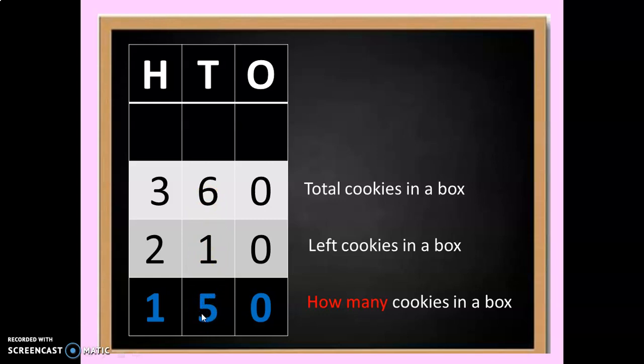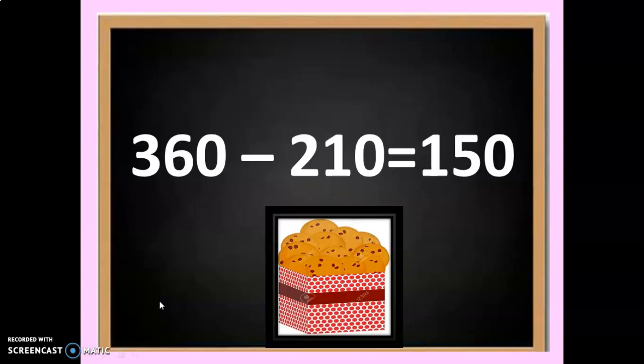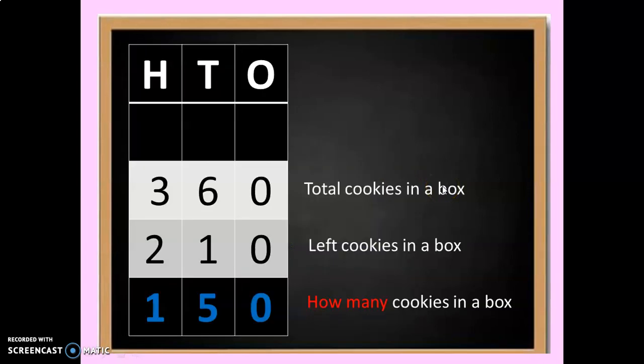We had already read how we have to subtract it. It is a simple question. You don't have to borrow. You don't have to do anything like that. 3 minus 2 equal to 1. Now 360 minus 210 equal to 150 cookies, as we have seen in this slide.